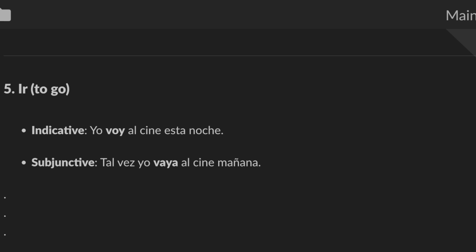Now, ir is a highly irregular verb. As you know, look up a grammar table for ir and you'll see that it's highly irregular. But even then, the vowel swap rule stays the same. There is no E here, but for the subjunctive, you still add that A, right?